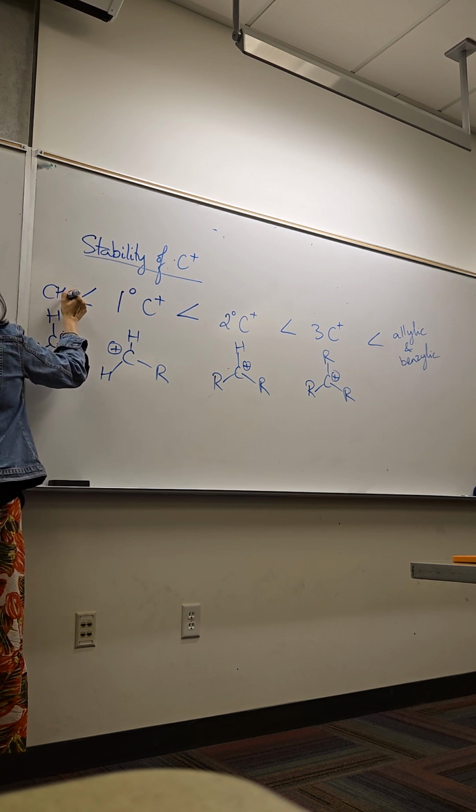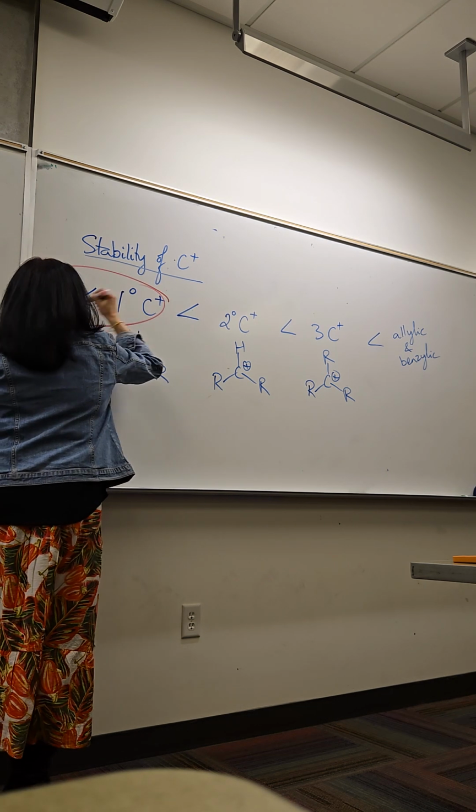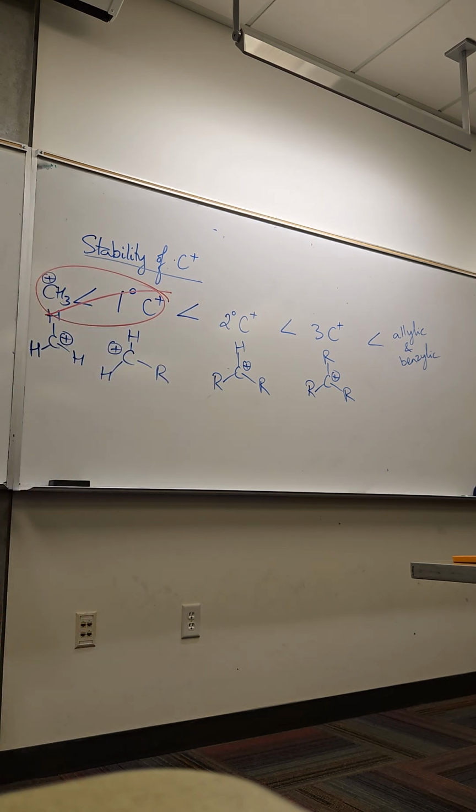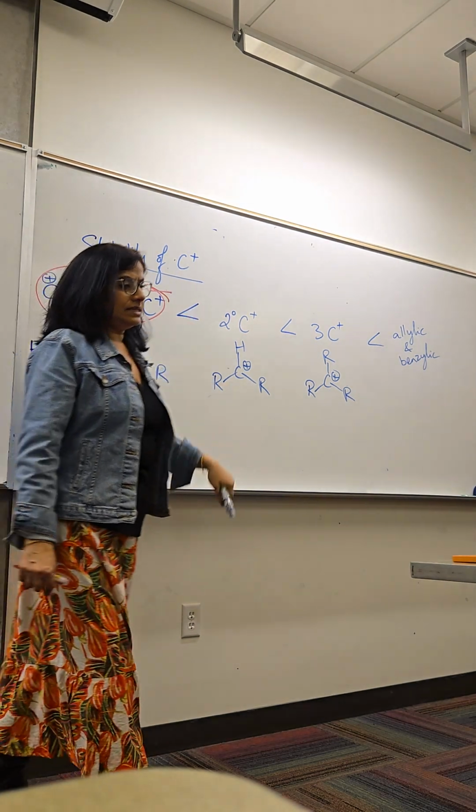Yep. Now guys, please make a note, because this is different from radicals. In radicals, we made primary radicals and it was okay. However, carbocations never make primary or methyl carbocations. They are so unstable that they do not exist. So if we are writing a mechanism, do not ever write a mechanism that invokes either a methyl carbocation or a primary carbocation, because they are very, very unstable.